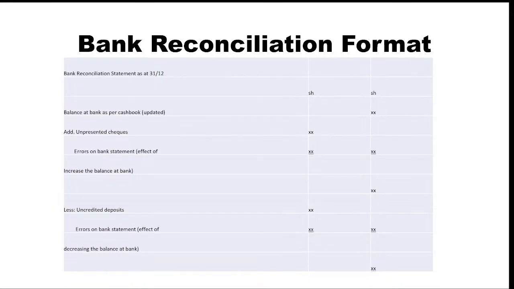Then we less uncredited deposits. Then we also less the errors on bank statements. These are errors which affect or decrease the balance at bank. So that is the first format.